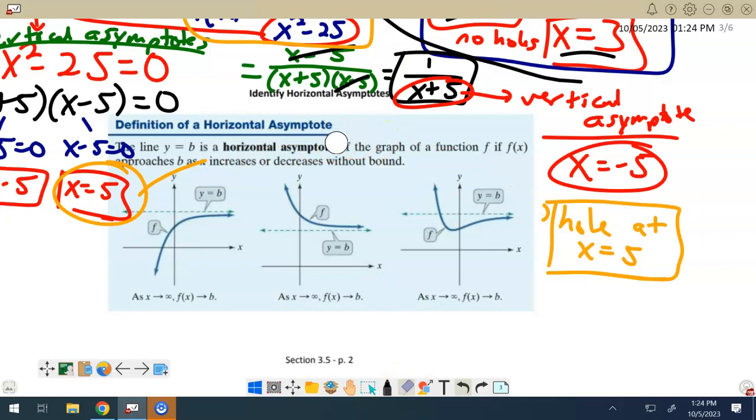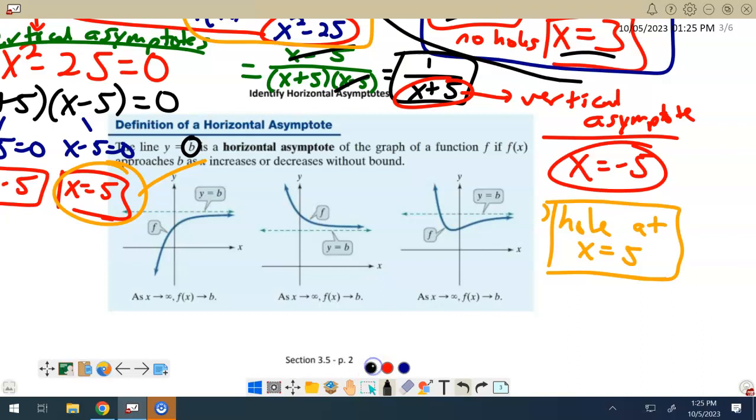The line y equals b is a horizontal asymptote of the graph of a function f if f of x approaches b, that's the number being referenced here, as x increases or decreases without bound. I know that's pretty complicated. Again, that's somewhat the language of calculus, but just look at the visuals, right? It's the same as a vertical asymptote, except it's a horizontal line.